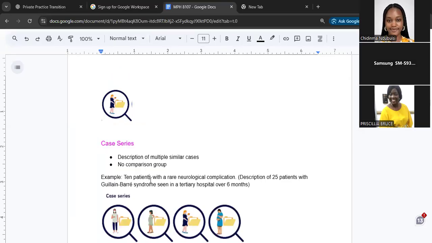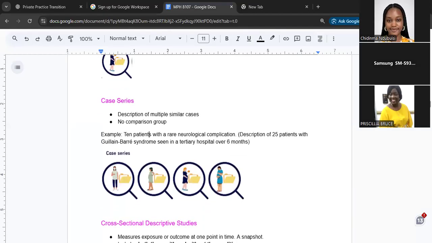Now, the next one is still similar to case reports, but this one is called case series. If you can see my screen, instead of just one case, we're now seeing four. So if the doctor noticed that event of the child's head swelling and becoming enlarged on Monday, and then on Thursday we notice it in another child, and then Friday in another child, and then the following week another, now we have to write about all of these cases that we have seen.